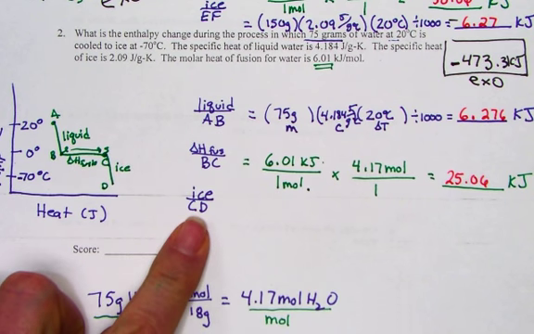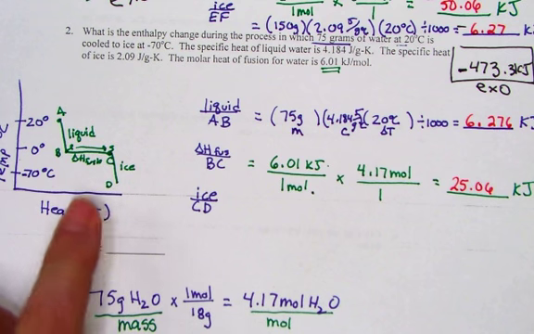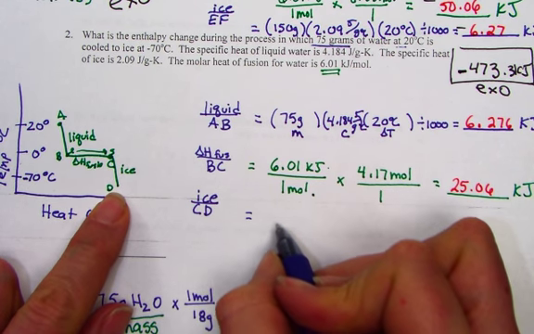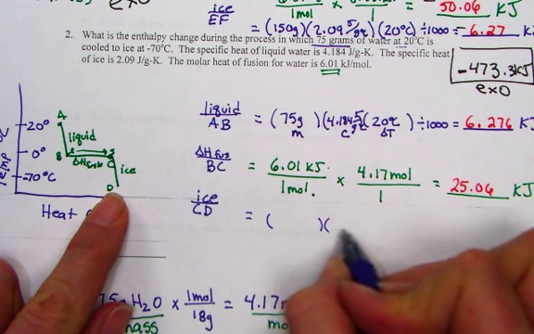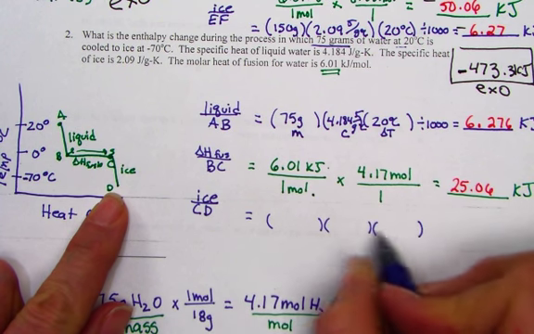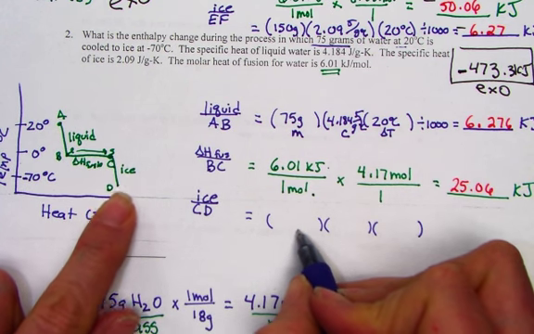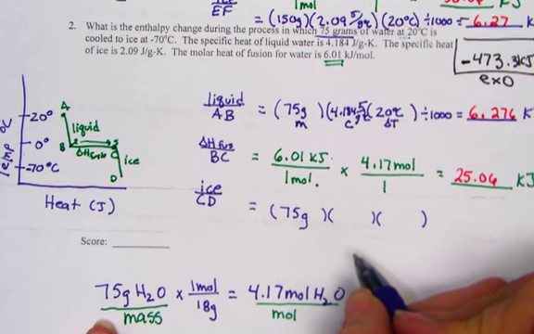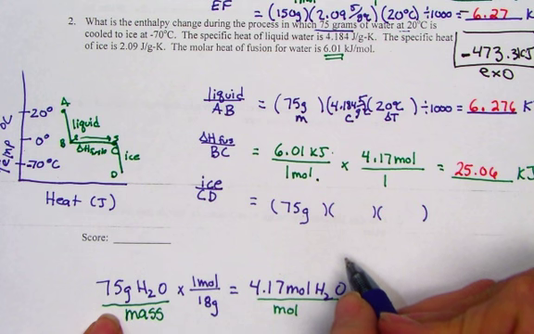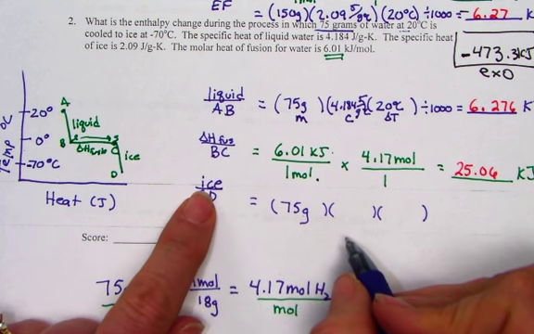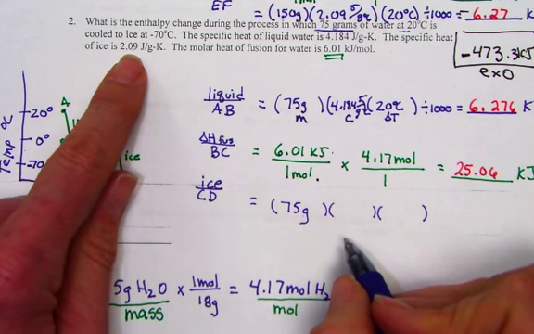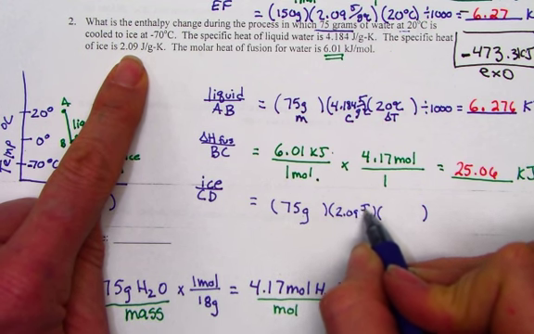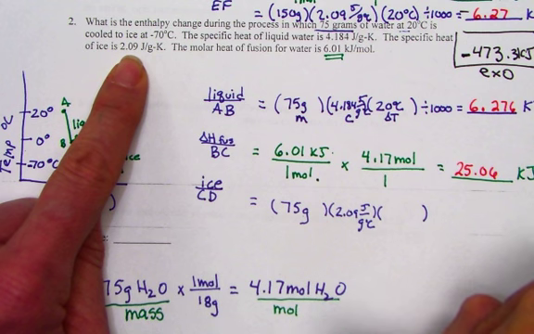We have one more line segment to consider. We have a slope of the line from point C to point D. If we're changing temperature, we know it's an MC delta T problem. M in an MC delta T stands for mass. We'll need to plunk in our 75 grams that we began the problem with. We're in the ice phase. We need the specific heat of ice for this problem, which is given as 2.09 joules per gram Celsius.